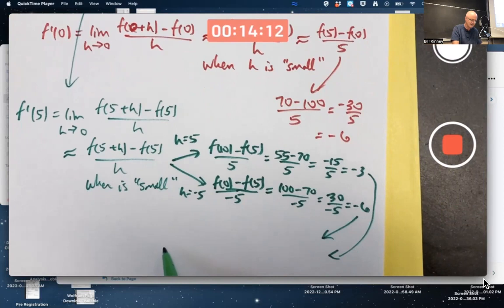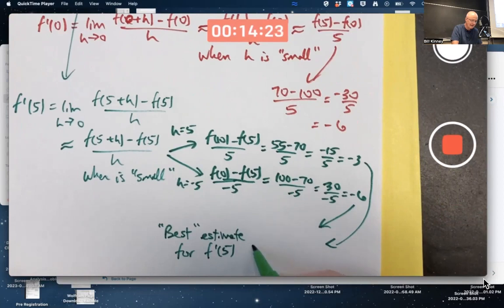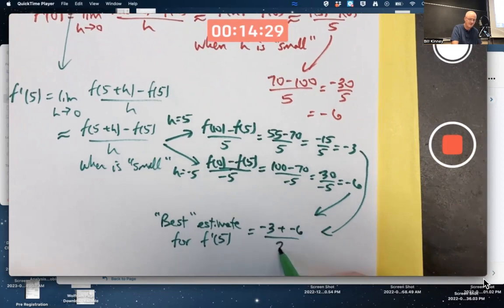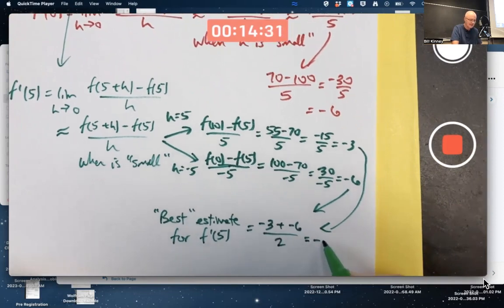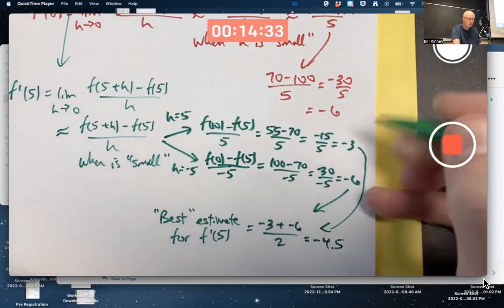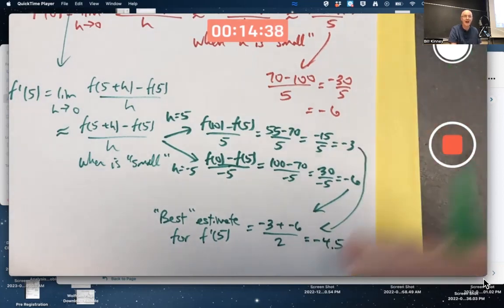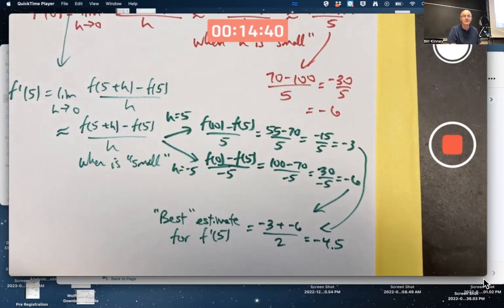So our best estimate, I'll put the word best in quotes, for f prime of 5 would be the average of -3 and -6. -3 plus -6 divided by 2, -4.5, halfway between them, right? Yeah, this is the average of two negative numbers, but you still add them and divide by 2.